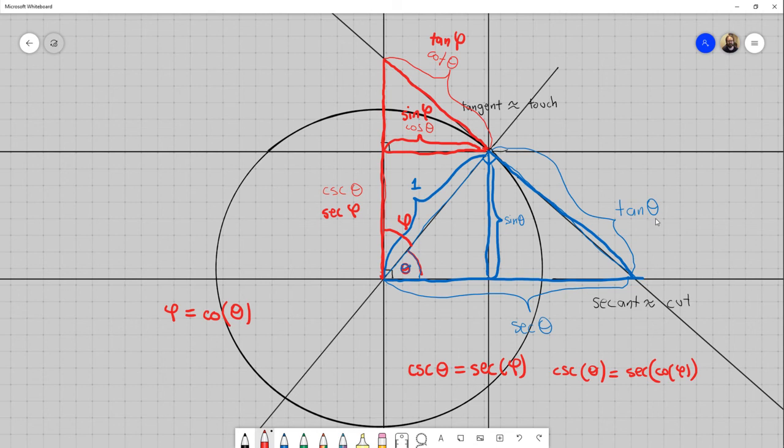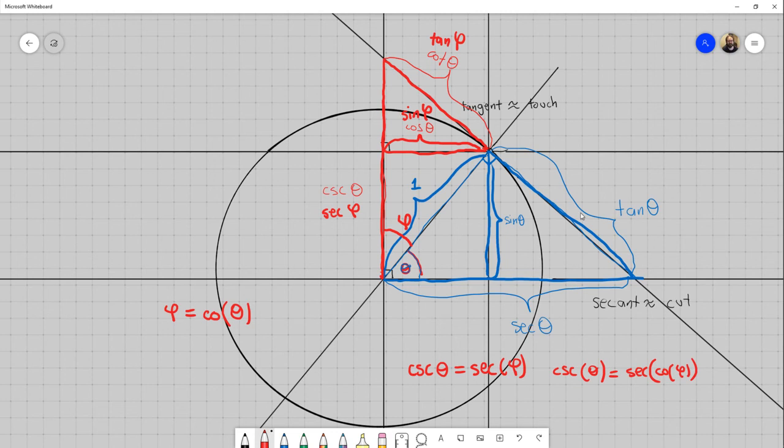So if you're worried, for instance, about cosecant being the reciprocal of sine, a lot of people think, why don't we just call that one the secant, since it's the reciprocal of sine and it goes with sine. That would be nice. It might make more sense language-wise, but as far as the geometry goes, the cosecant is over here with the cosine, and the secant is on the same side as sine.